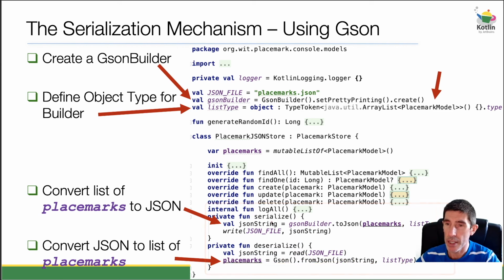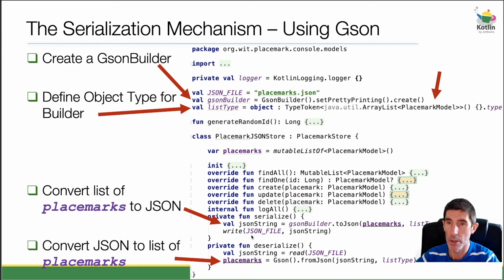That's how we convert that JSON string back into a list in the deserialize. So we have our fromJson, and then we have our toJson, which will take that mutable list of placemarks and convert it into a JSON string, which we then write out to a file. Okay, so that's how that works there, and that's the overall mechanism.